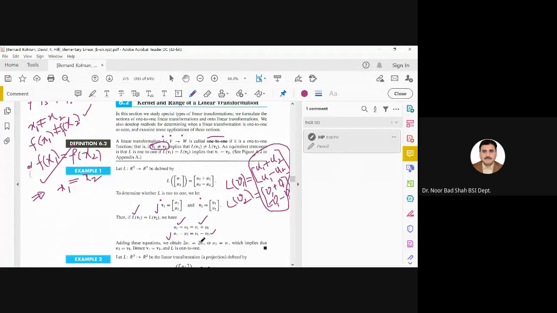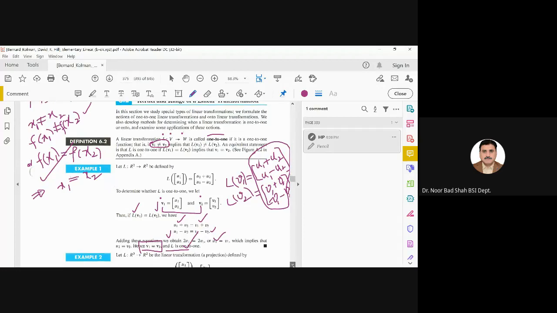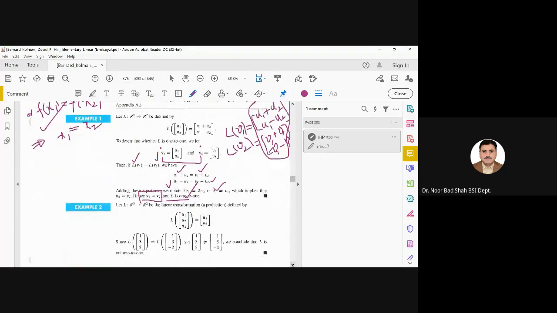If you add these two together, U2 cancels, new 2 cancels, we get 2U1 is equal to 2 new 1, which implies U1 is equal to new 1. Now if you subtract, these two will be cancelled and we get 2U2 is equal to 2 new 2, which implies U2 is equal to new 2. So if U1 is equal to new 1 and U2 is equal to new 2, then V1 should be the same as V2. This implies that V1 is equal to V2, which means L is 1-1.